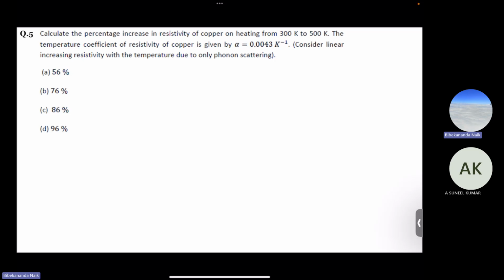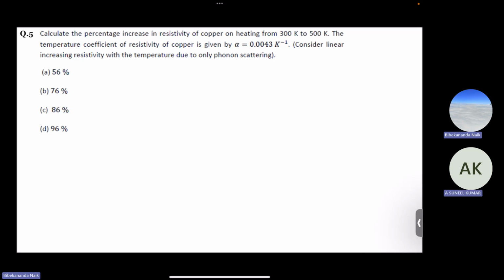So here we are talking about the percentage increase in resistivity of copper on heating. When we are heating the system, due to phonon scattering there is some contribution, and the temperature coefficient of resistivity of copper is given by alpha, which is 0.0043.